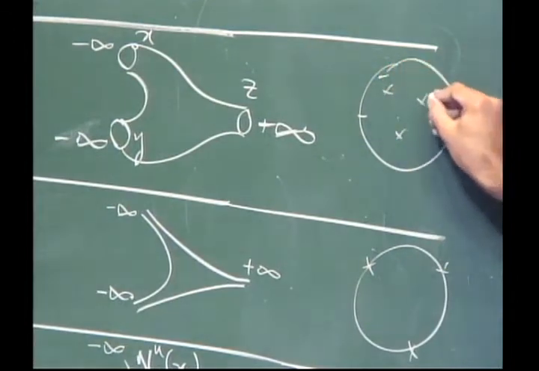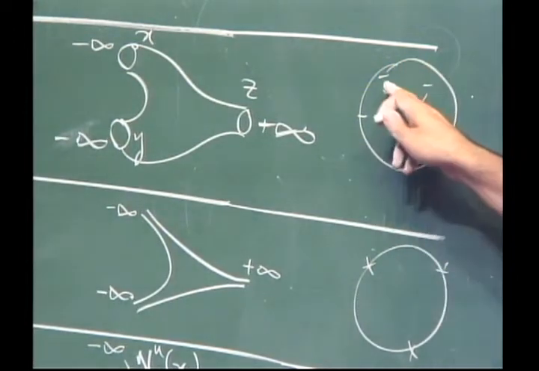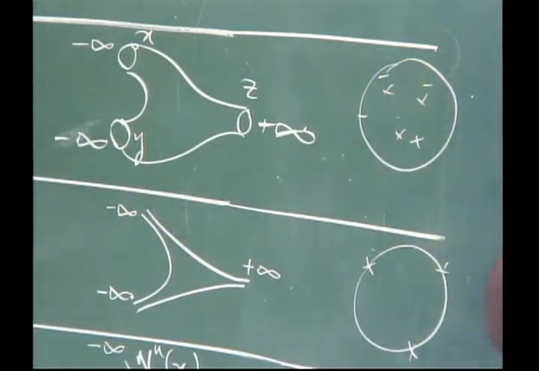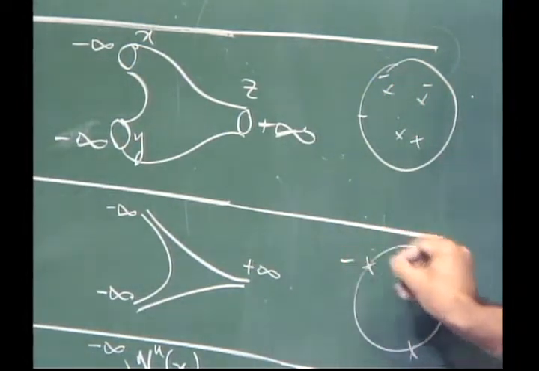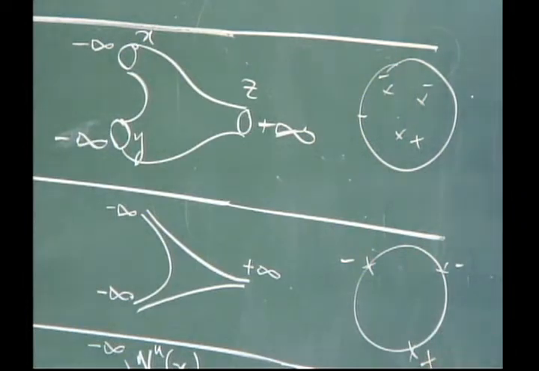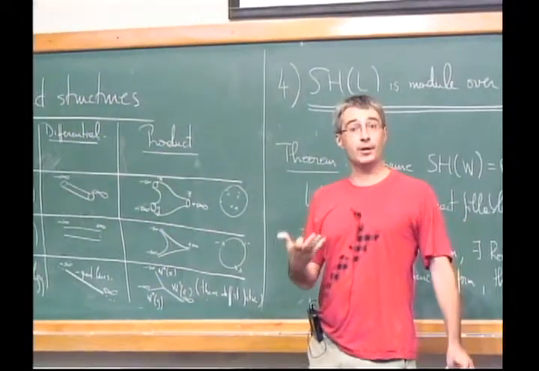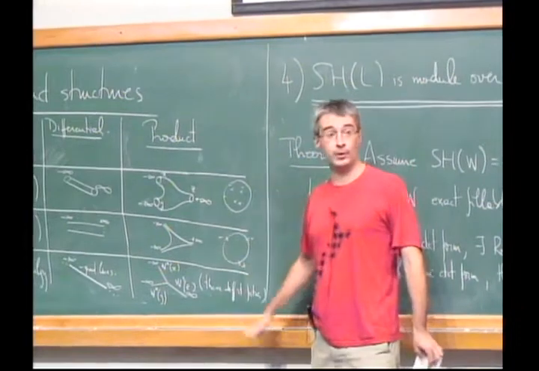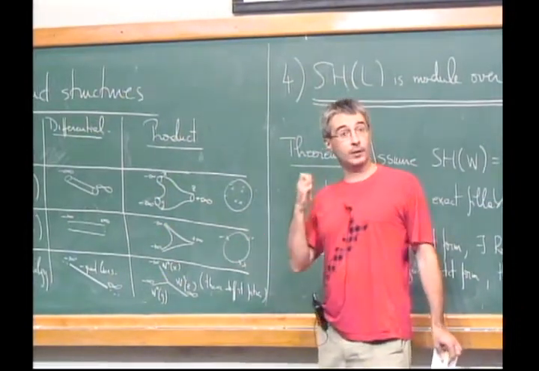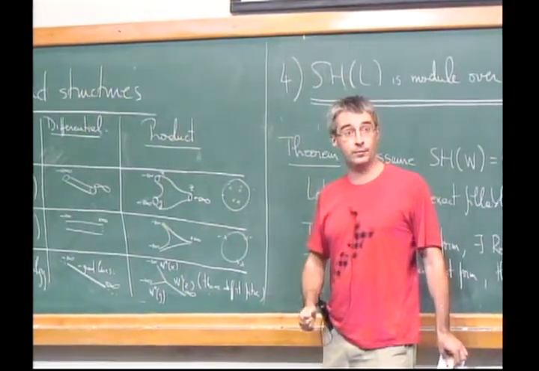Say these are the entries and this is the exit. You can interchange the two entries. But on a disk there is a natural order, because the disk is a Riemann surface. It comes with an orientation, and the boundary comes with a natural orientation. So these are ordered, and because of that the product comes out non-commutative.